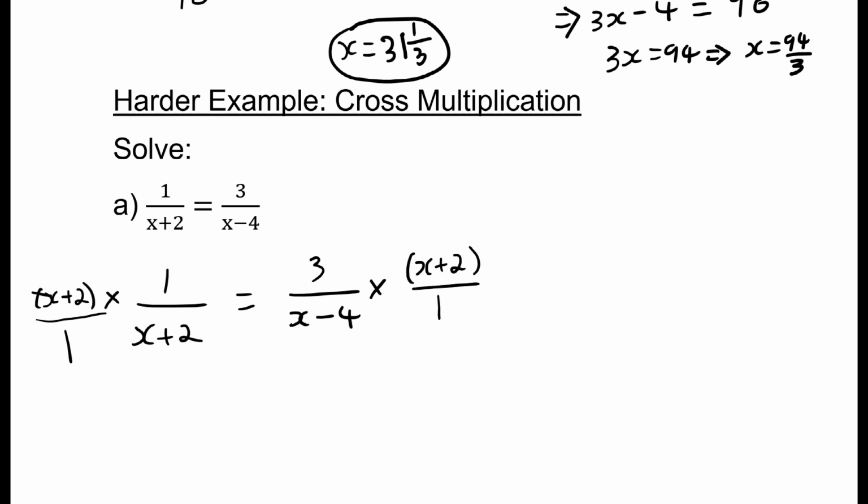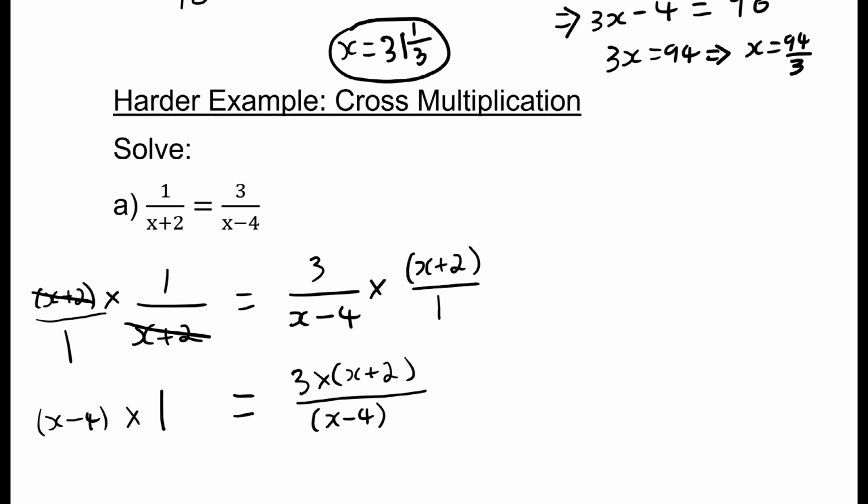On the left-hand side, the x plus 2 factors will cancel. So on the left-hand side, I just have 1. On the right-hand side, I have 3 times x plus 2 over x minus 4 times 1, which is just x minus 4. I then multiply both sides by x minus 4, again, x minus 4 over 1 if you like.